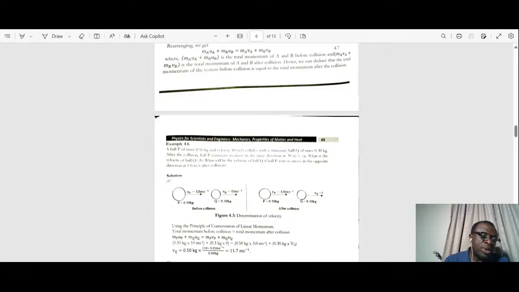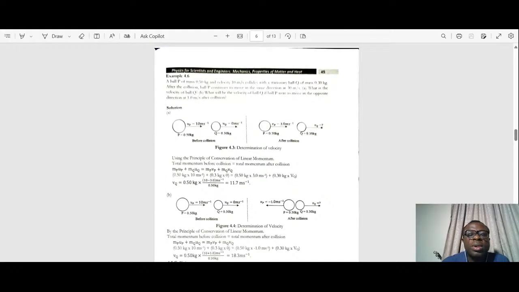There are two questions here. First one, what is the velocity of ball Q? Question 2, which is B, what will be the velocity of ball Q if the ball P were to move in the opposite direction at 1 meter per second after collision? Need to pay attention here.